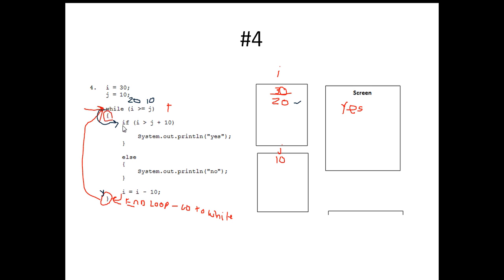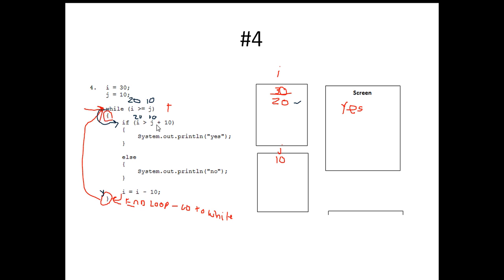So we're going to jump in here, and now again we have the if-else structure, and we're going to check out the if statement. The question is 20 greater than 10, that's right, plus 10.